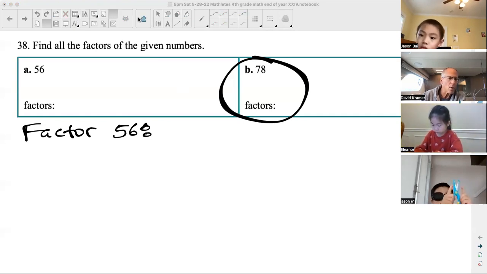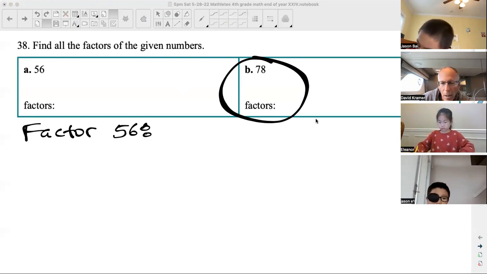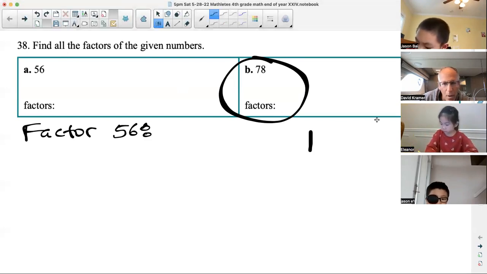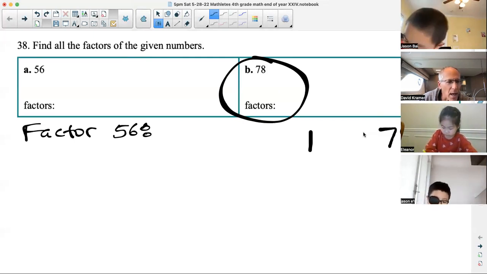Okay. Jason E, can you give me the first set of factors? 1 and 78. Excellent, excellent.